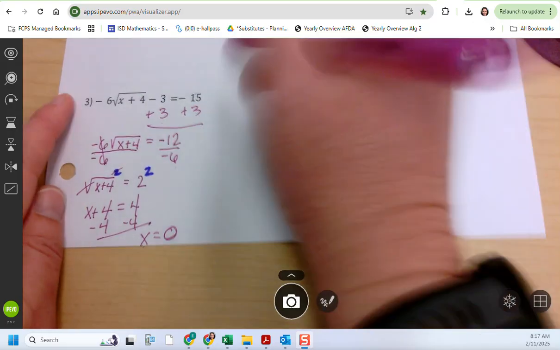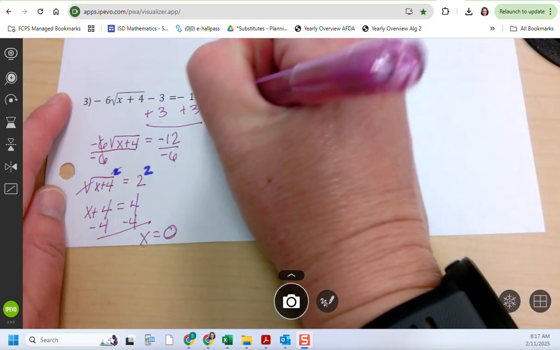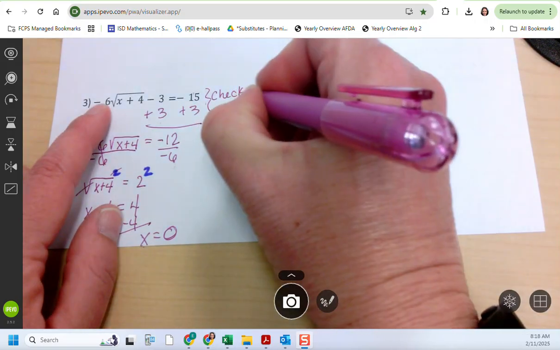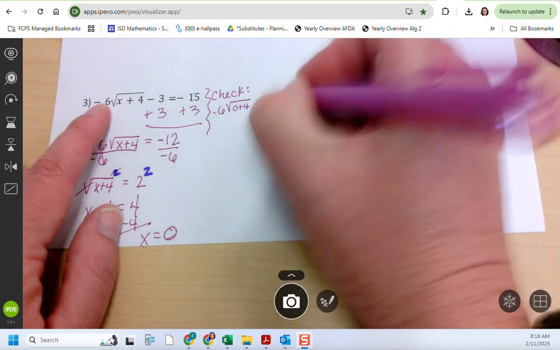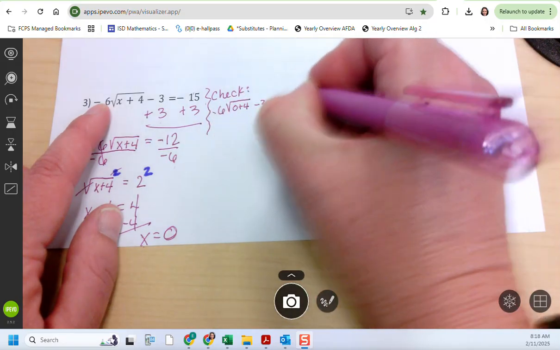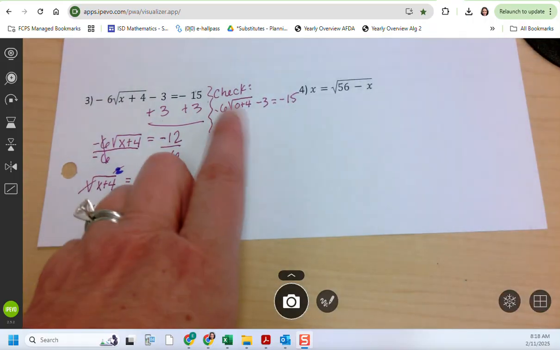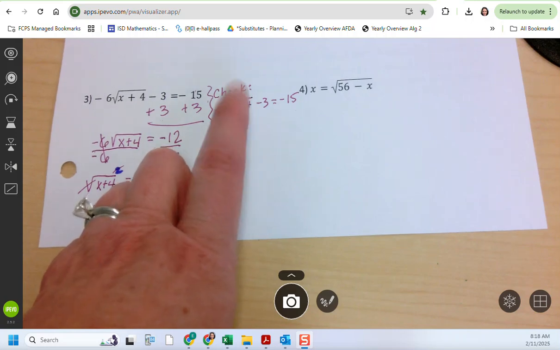Okay, so here's my check. I'm going to do negative 6 square root 0 plus 4 minus 3 equals negative 15. So I just substituted the 0 for the x. 0 plus 4 is 4. What's the square root of 4? 2.